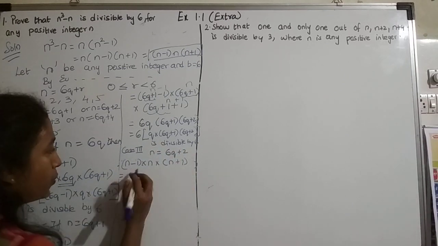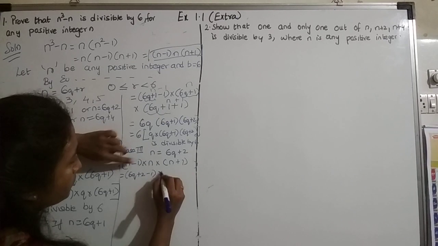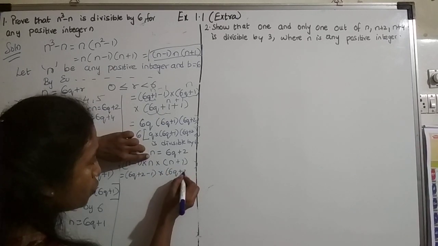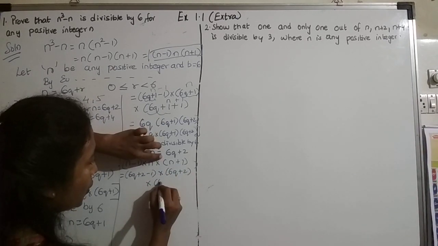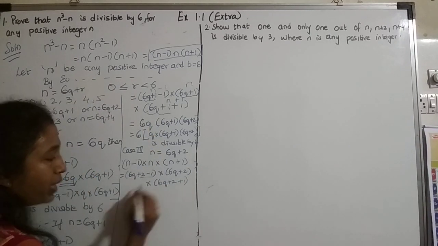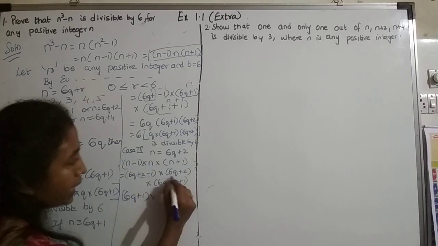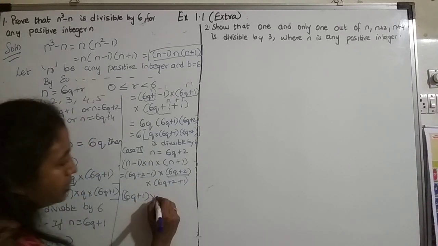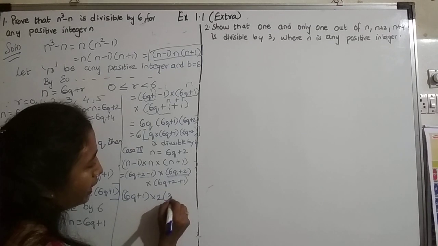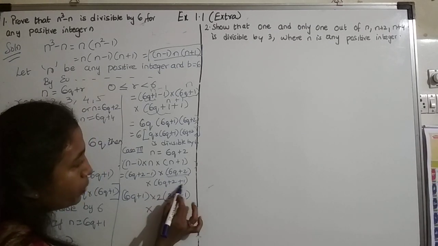Wherever n, you will put 6 cube plus 2: 6 cube plus 2 minus 1 into 6 cube plus 2 into 6 cube plus 2 plus 1. Correct? So here 2 minus 1 will give you plus 1. And here, can I take 2 common? Yes. So if I take 2 common, what will I get? 3 cube plus 1. And here can you see 6 cube plus 3.